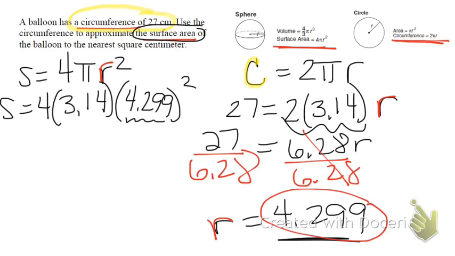I'm using the big, long, ugly number that's in my calculator. So from here, it's all in my calculator. Take that ugly number that's still in my calculator, square it, then multiply by 4 and multiply by 3.14, and I get that the surface area is approximately equal to 232.17, but what should I round to?